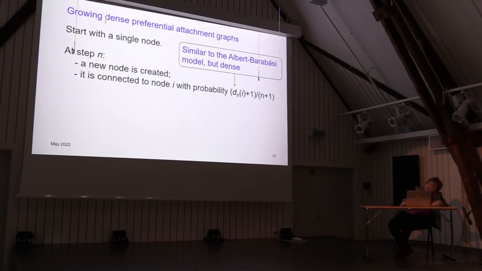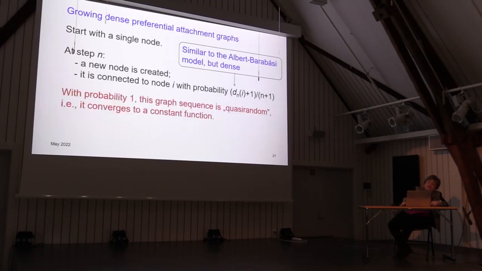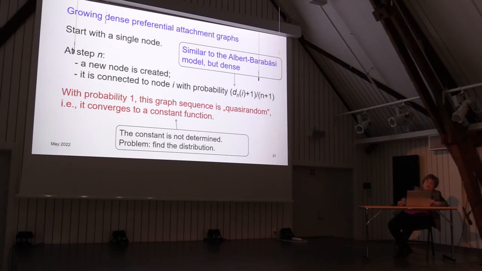This is similar to the Albert-Barabási example, which was given 20 years ago or so. But our example is dense, so the number of edges is at least a constant times n squared. And with probability 1, this graph sequence is quasi-random.